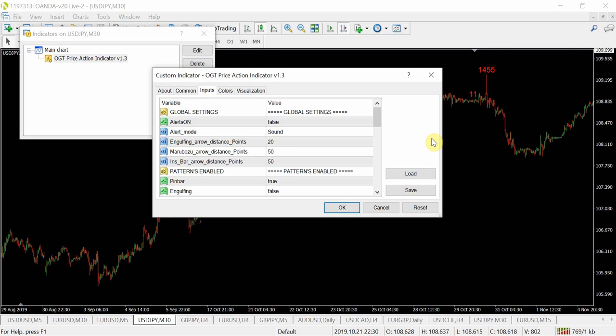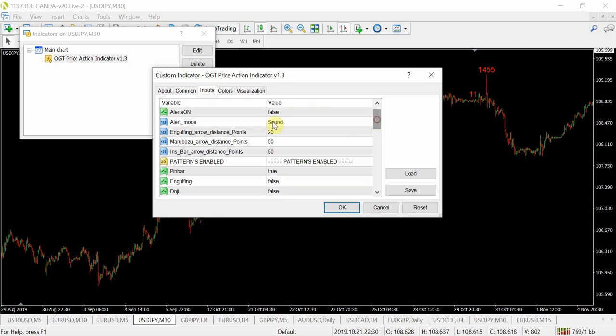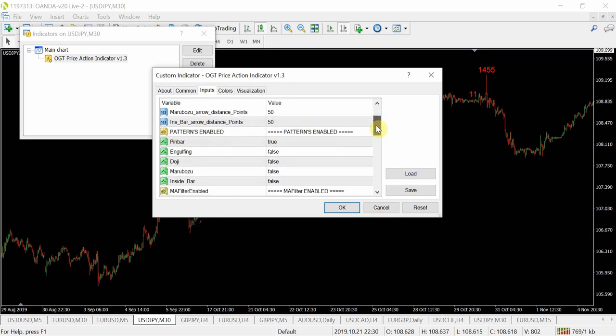So I'm going to go through, sorry, the counter trend trading settings first. If we go into the input settings of the indicator, again I'm using the latest version 1.3. The global settings are all down to your preference.